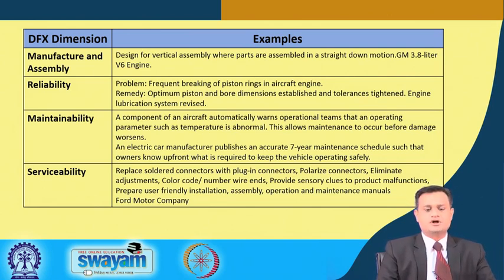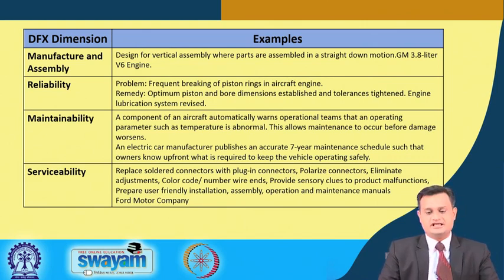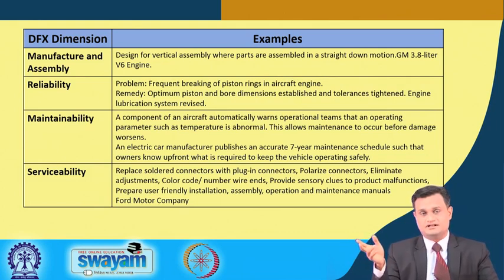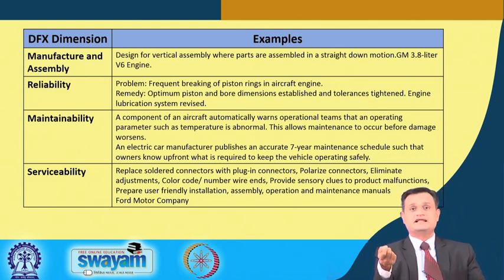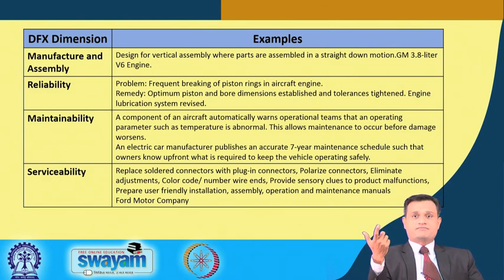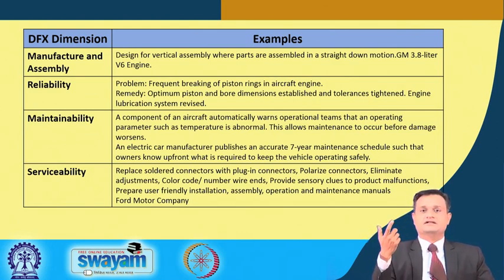Maintainability: a component of an aircraft automatically warns the operational team that an operating parameter such as temperature is abnormal. You see, the signal is coming, and this allows maintenance to occur before damage worsens. This is maintainability. You are able to detect the problem and proactively act to lessen the damage to your system.